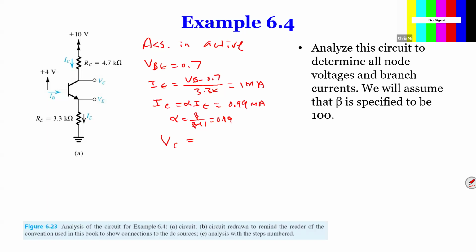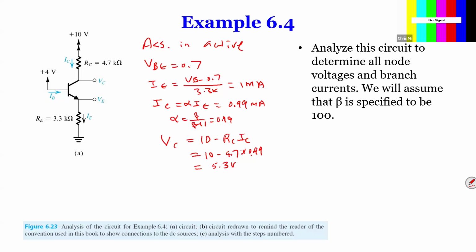VC is going to be 10 volts minus RC times IC. So 10 minus RC, which is 4.7, times 0.99. That gives you how much? Approximately 5.3 volts.